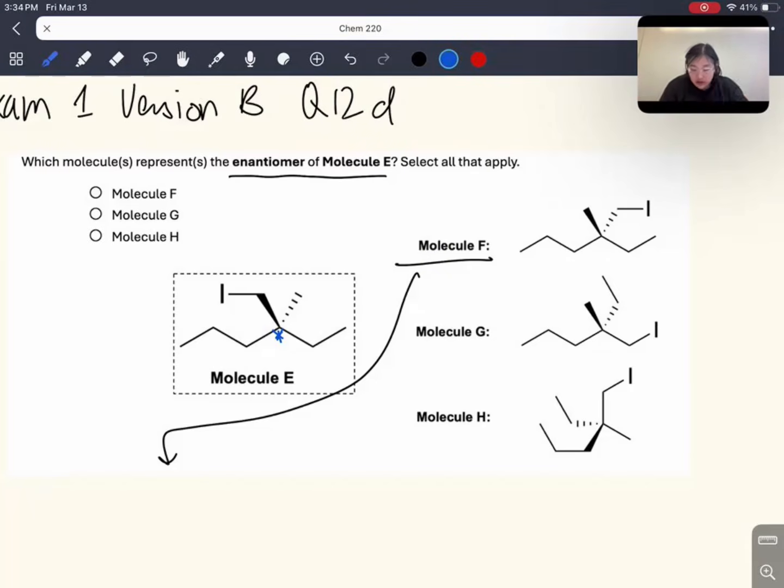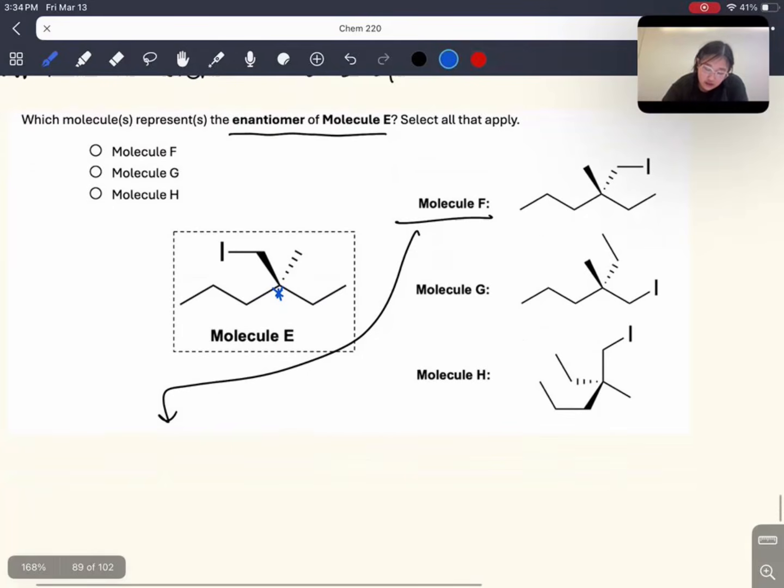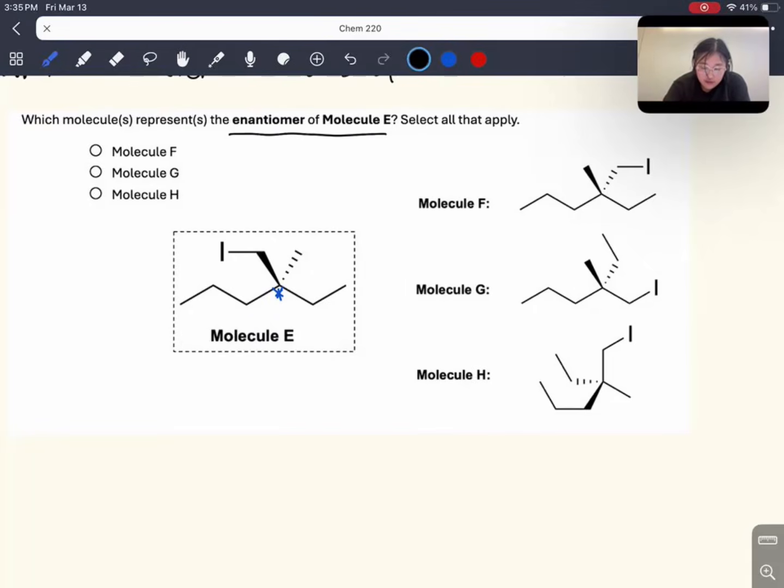And so the way you would do this is I'm going to try to get molecule F to look like molecule E. Actually, sorry, I meant to say that I would show how molecule G looks like molecule E, because you can rotate molecule G to look like molecule E.